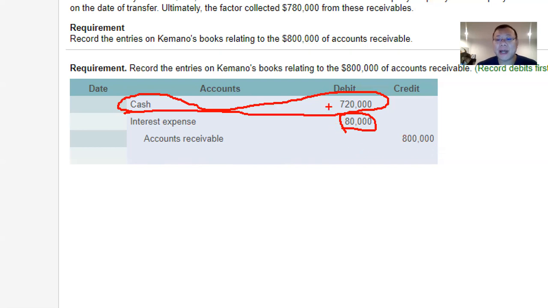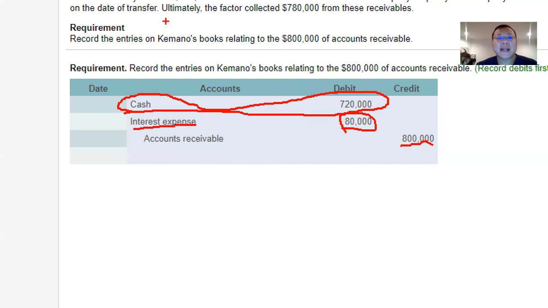You are using the money right now, so you have interest expense of $80,000. The $800,000 will not be available at present; it's a future cash flow, but the $720,000 is the present cash flow. So the difference is due to the interest expense.